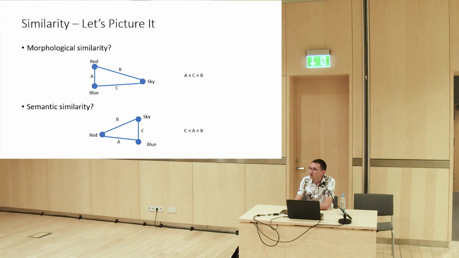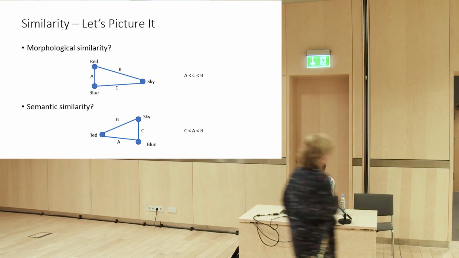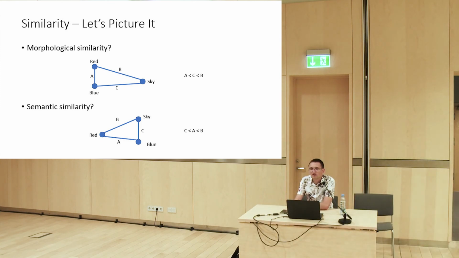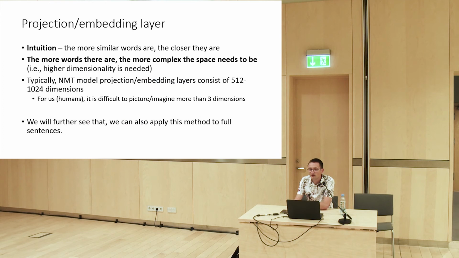We could try a different method, semantic similarity. So instead of having sky very far, sky is blue, we know that, blue is also blue. Maybe those should be put together closer. So there is no such one thing as one similarity. It may depend on what the task at hand is, and all we know is that similar words should be closer together.